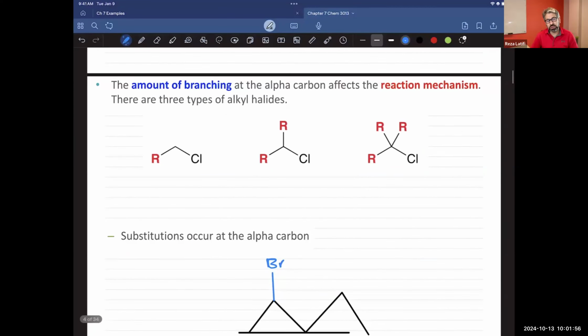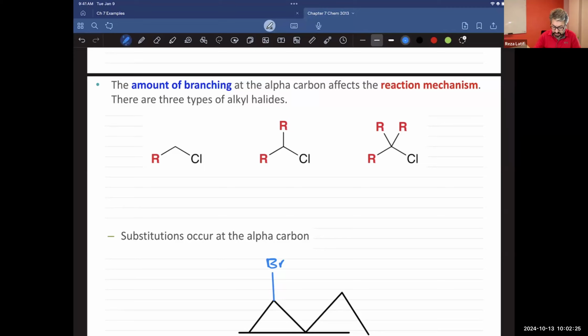Now, it depends how many carbons are attached to the carbon that is holding the halide. The reaction might decide to go with a different mechanism, or the output is going to be different. So we need to know the steric effect, meaning how many bulky groups are attached to the carbon that is holding the halide.